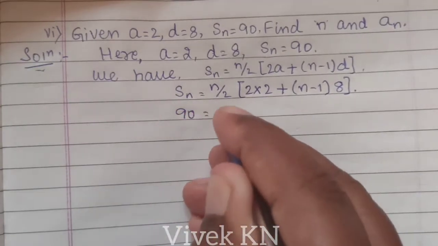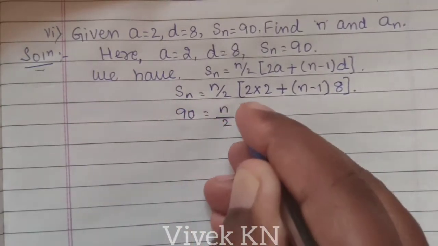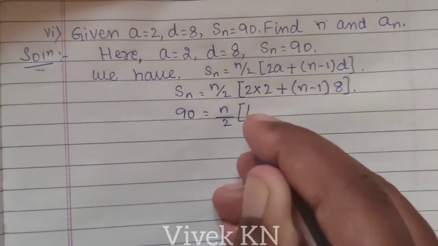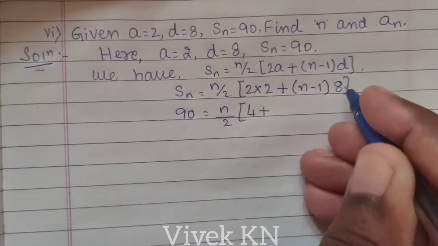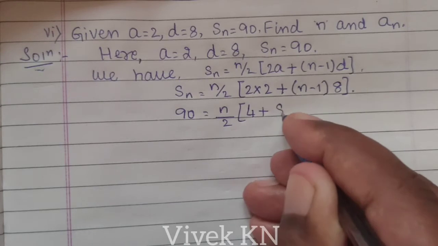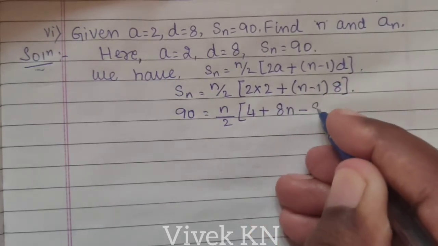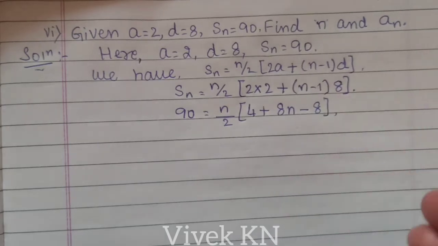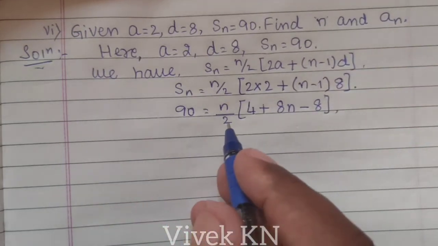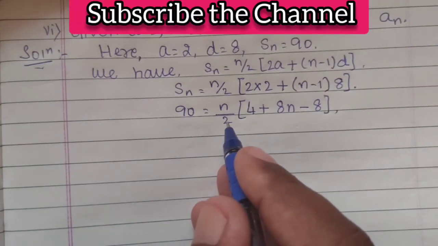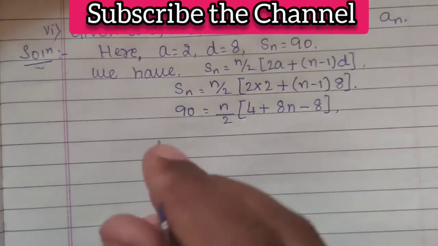90 is equal to n by 2 into 2 times 2 is 4 plus 8n minus 8. Now let us shift this denominator 2 to the left side.